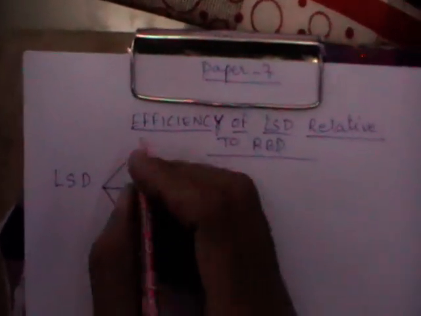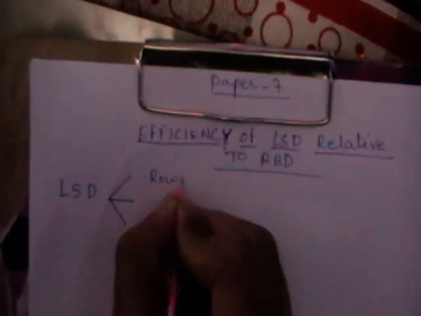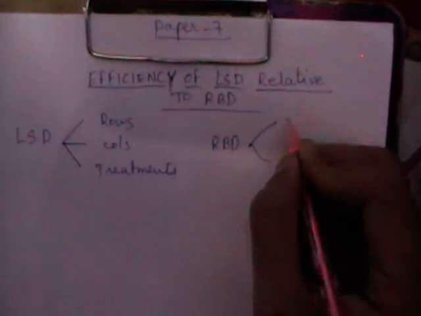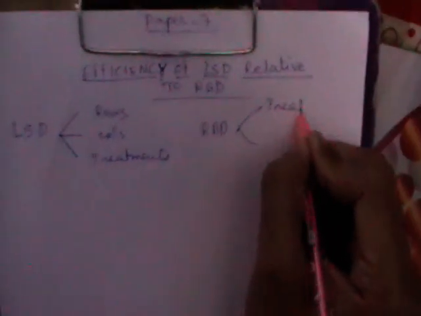Under LSD, the three factors which influence the design are rows, columns and treatments. In RBD, you have two factors, which are treatments and blocks.